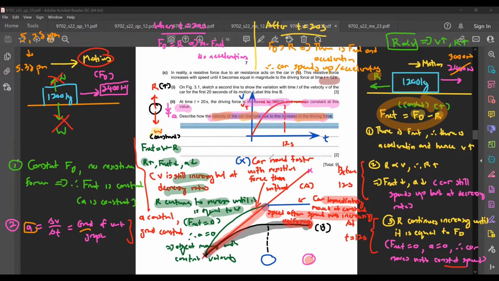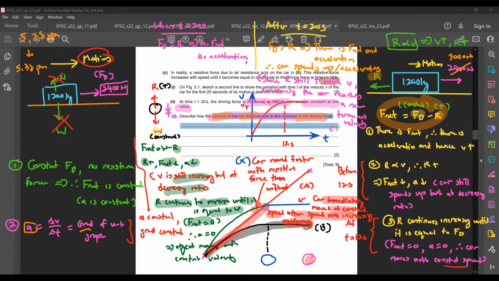But then after that, since R still increases with speed, still increases with velocity or speed, eventually the car reaches a new terminal velocity, which is higher than before.